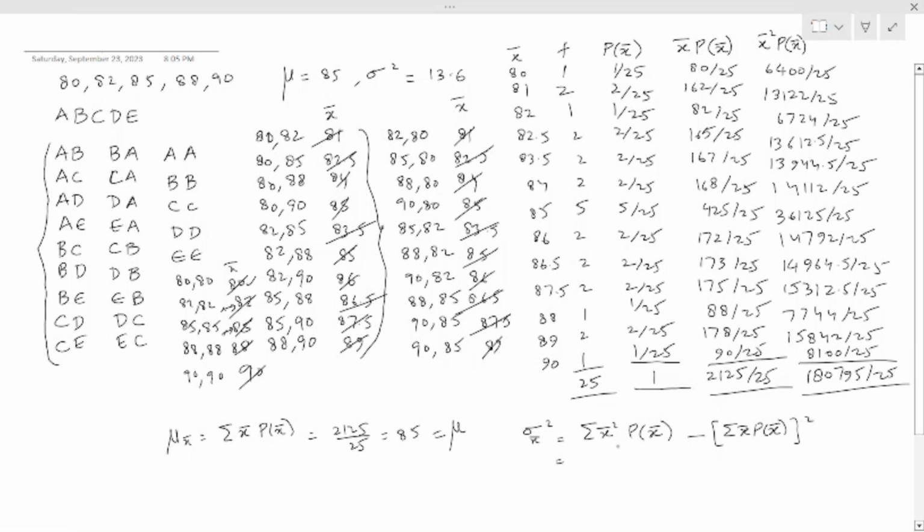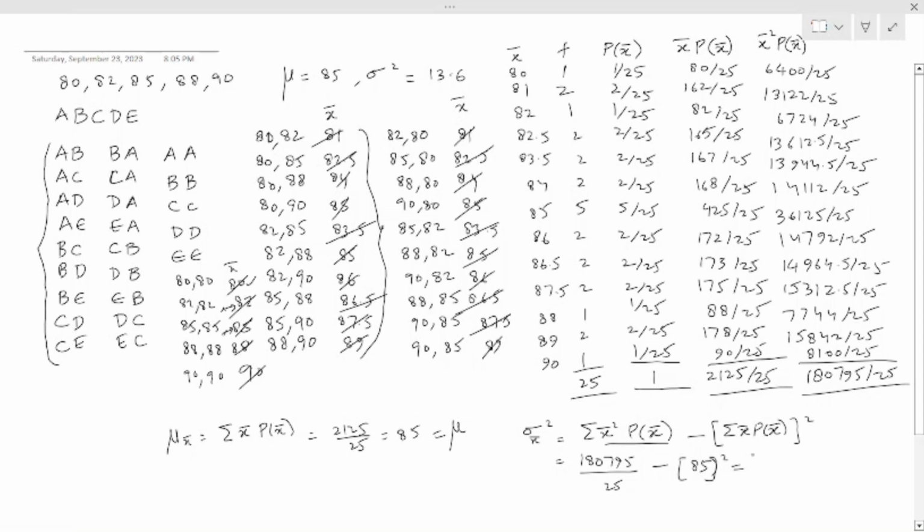Now substituting, the answer is 180795 on 25, take away the answer we have worked out already as 85, so that's 85 squared.